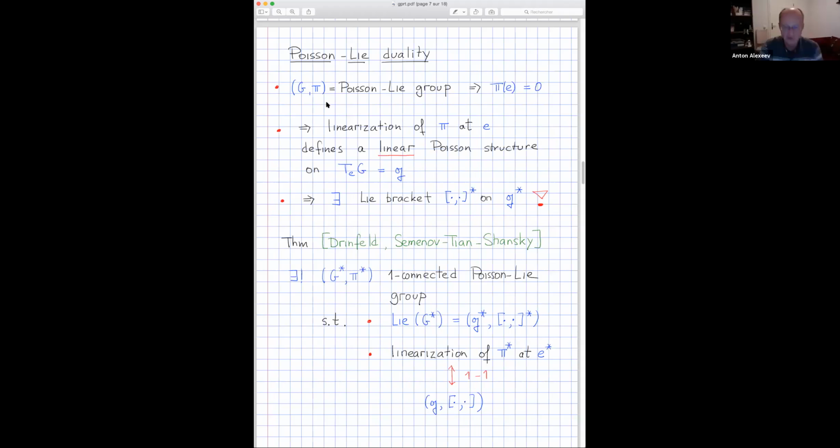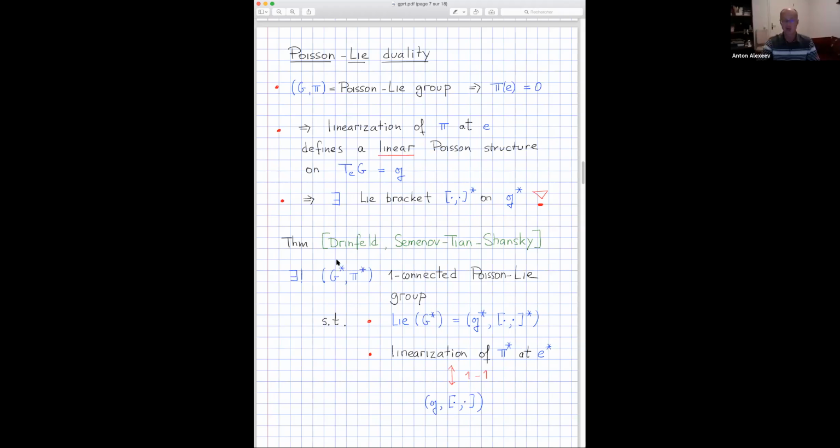Let's say we take the Taylor expansion of pi at the group unit, and we take its linear term. It turns out that it defines a Poisson structure on the tangent space at the group unit, and the tangent space at the group unit is the Lie algebra. Then by the yoga that we reviewed a little bit, the one-to-one correspondence between linear Poisson structures and Lie brackets, this means that there is a Lie bracket on the dual space. We denote it by the bracket star.